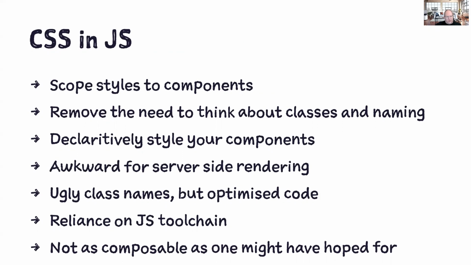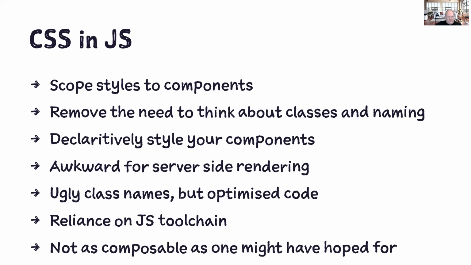What's really nice about this is it removes the need for you to actually think about classes, naming them, and actually figuring out how to attach them to the DOM. What you do is you declaratively style your components inside your component, and then effectively the toolchain works out how to attach your styles in the most efficient way to the DOM, which is pretty awesome.